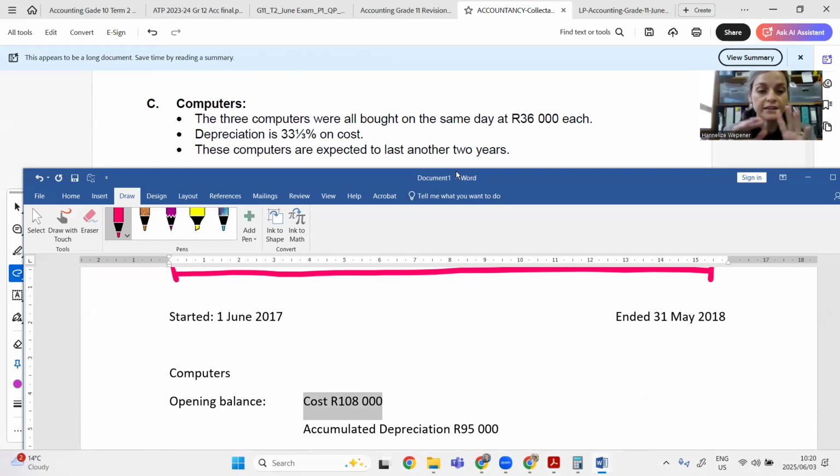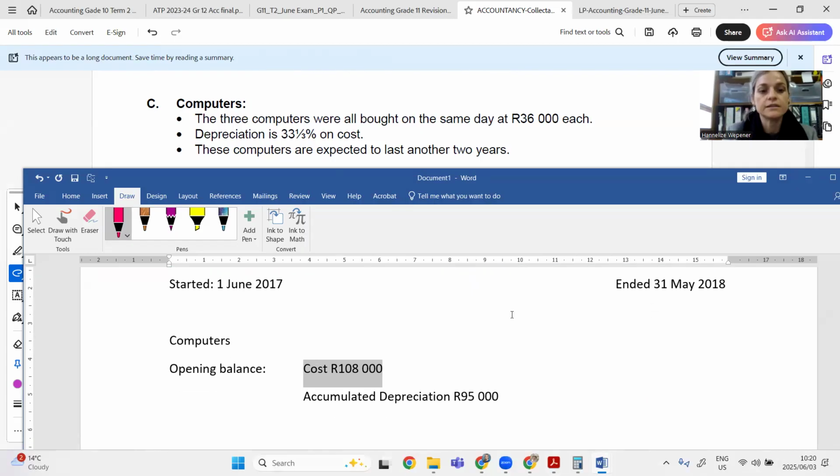You have had that for the same number of years or months then. Depreciation is 33.33% on cost. These computers are expected to last another 2 years. So in other words, you are not planning on disposing of these computers for at least the next 2 years.